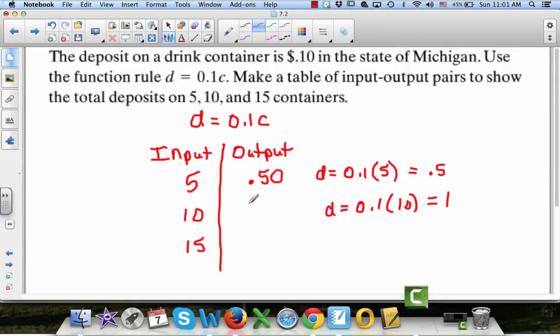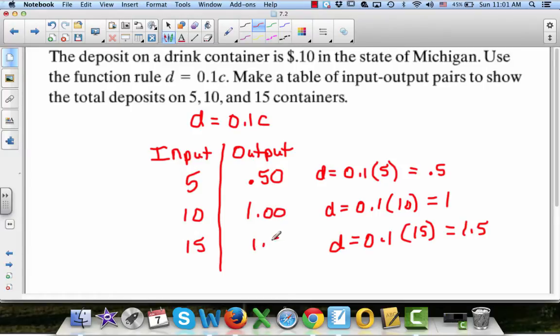And then we put 1.00 because once again it's dollars and cents, and that's how it's written in the United States. Okay, so then we go D equals 0.1 times 15, and that equals 1.5, and we'll write 1.50. And that's our input-output table for that function rule.